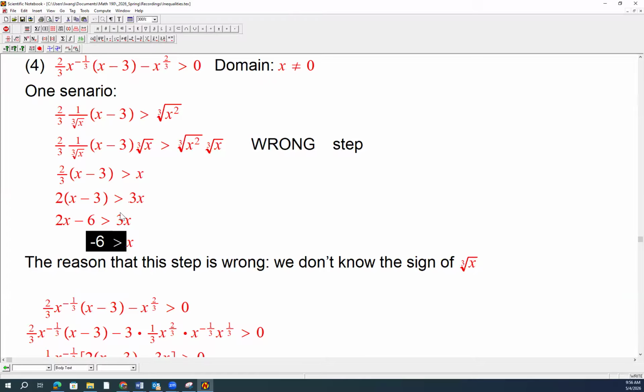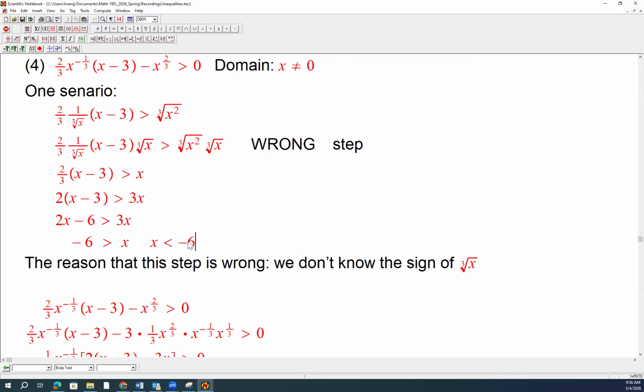So had you gone with the wrong step, you're getting x less than -6 as a solution. Compare these two solutions. That student is going to lose a lot of points.